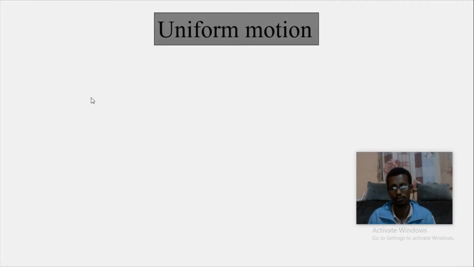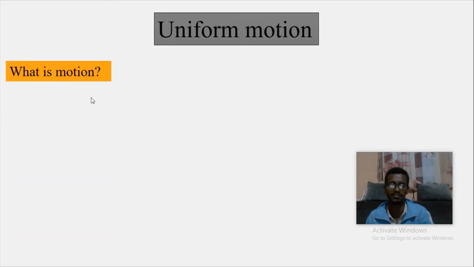So, uniform motion. When it comes to uniform motion, what's motion first? When we say uniform motion, there must be a definition. We have to know the definition of motions. So, what are motions? When we say something is moved or on motion, what does it mean?